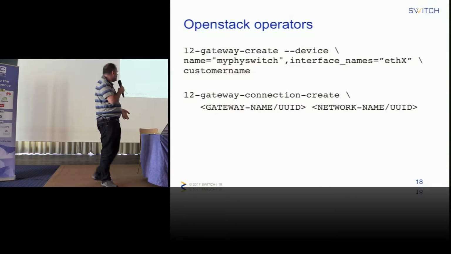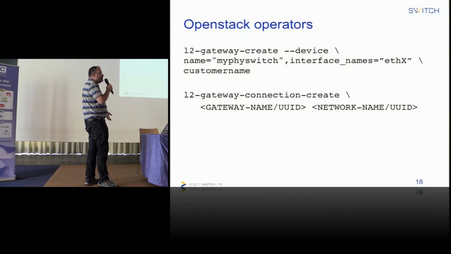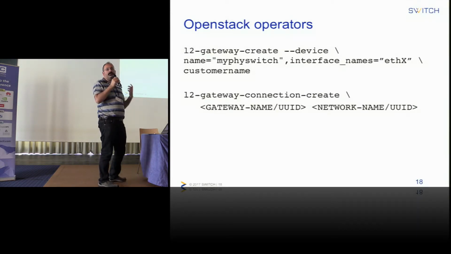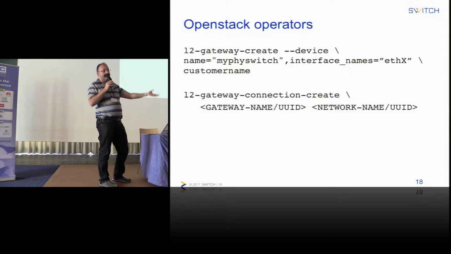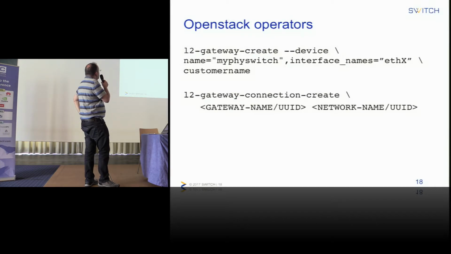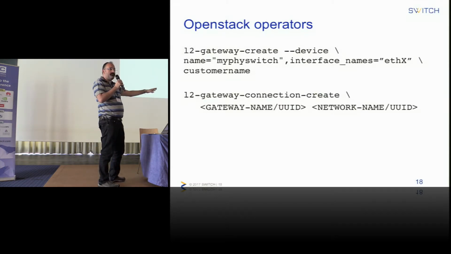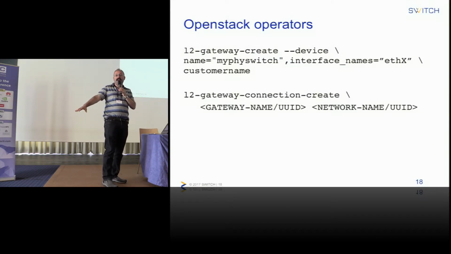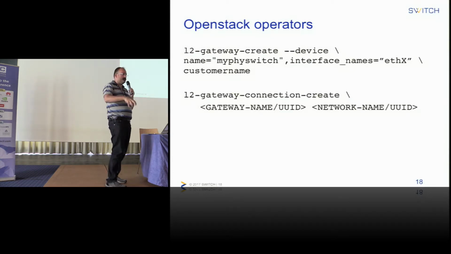In this case, the configuration is much simpler because it's layer 2, so we don't have to go into the detail of all the routing and the next hops between the tenant network and the university, but we just have to set up the Neutron server to manage this hardware switch. So with the first command, basically we instruct OpenStack that there is a switch in the data center that we should manage within Neutron.